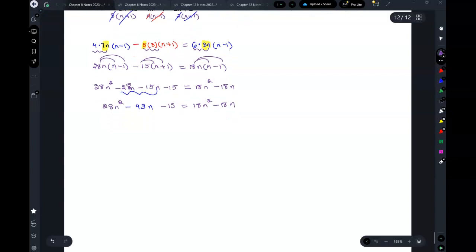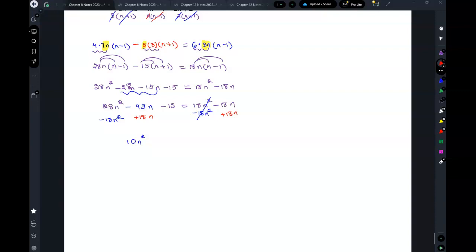Whew. Okay, what am I going to do? Well, let's first subtract 18n squared. So I get 10n squared. Can I also add 18n? So what do I get?